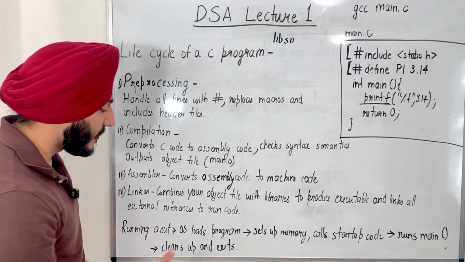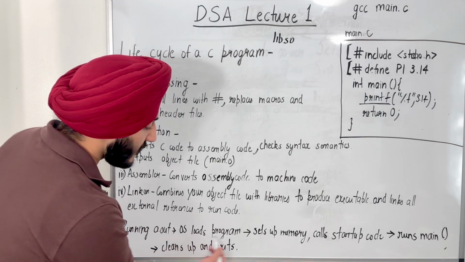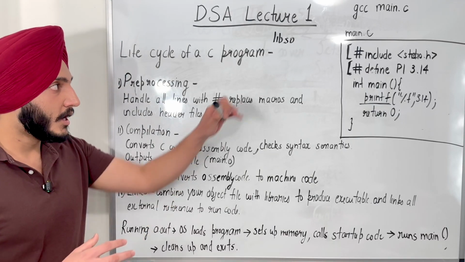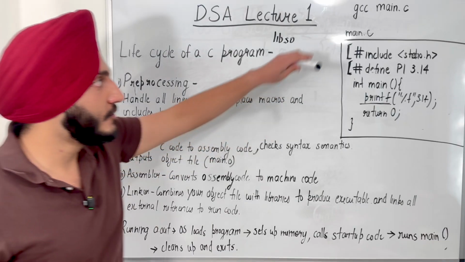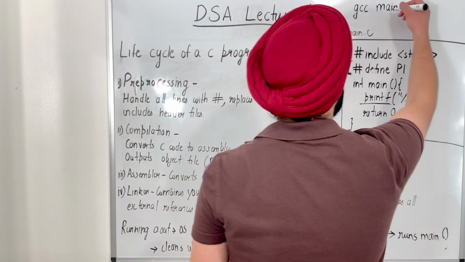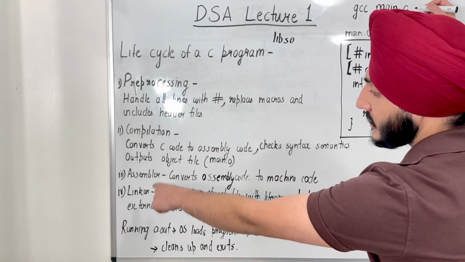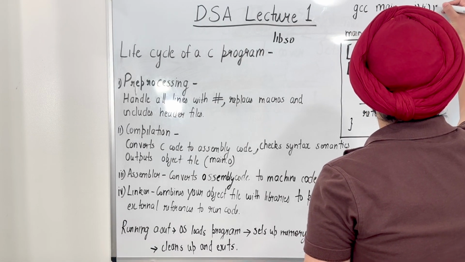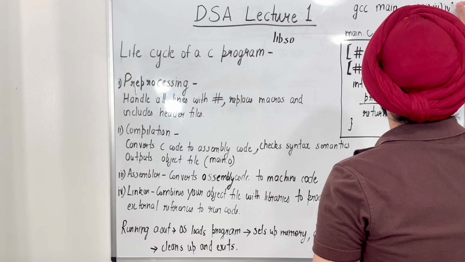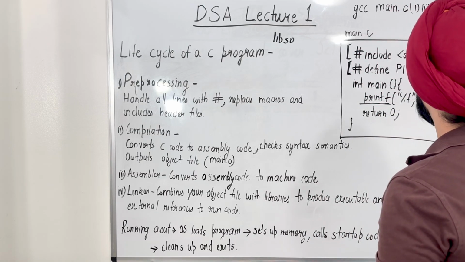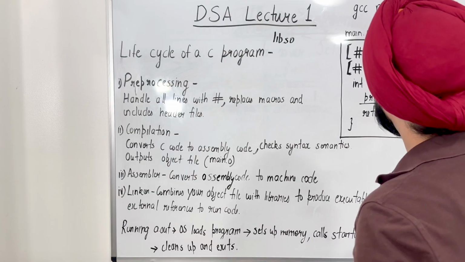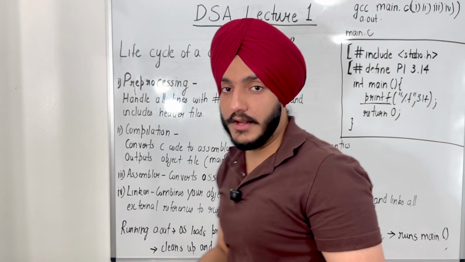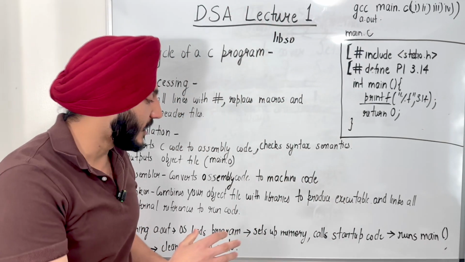When I run GCC, it's going to run all of these first four steps, 1, 2, 3, and 4, right? And then when I run a.out, that's what is going to actually run the code, right? So let's try to understand what's going to happen.